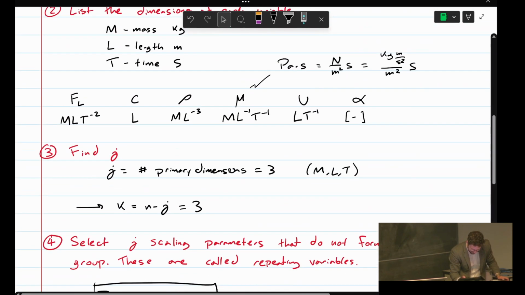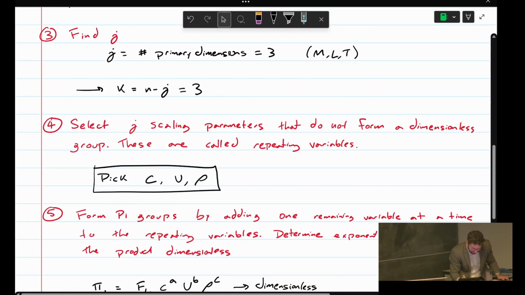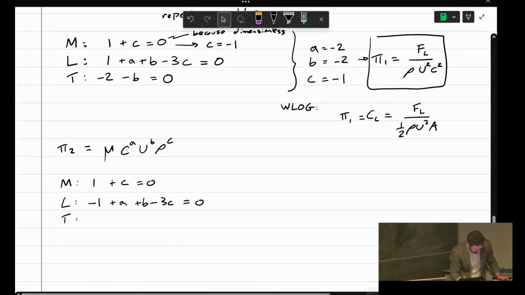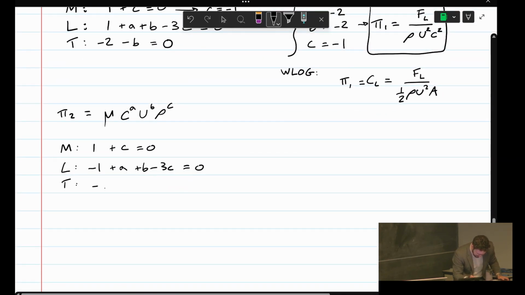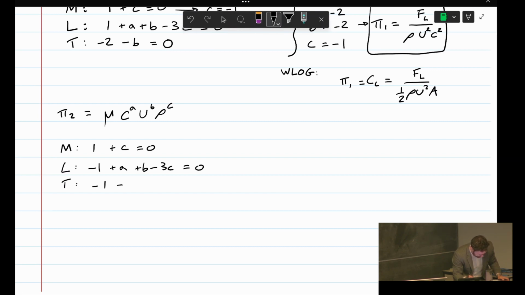The time system of equations, so mu has units of time to the negative 1. Negative 1 minus b. This yields a equals b equals c equals negative 1.